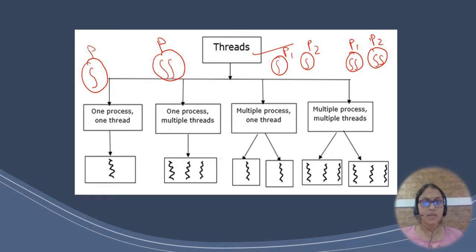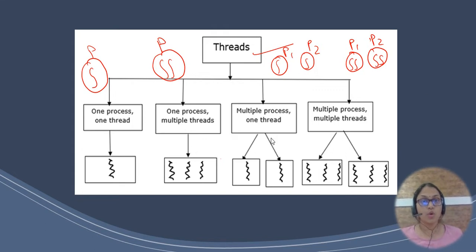Generally you call these one to one, one to many, many to one, and many to many concepts. Now let's see what type of multi-threading different operating systems use.